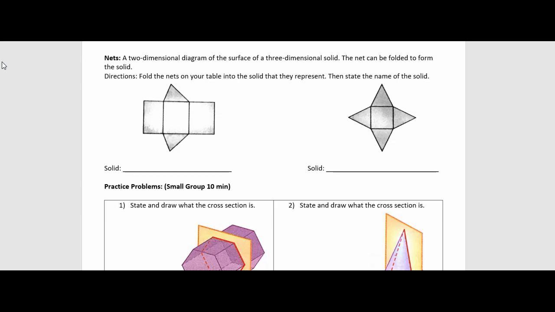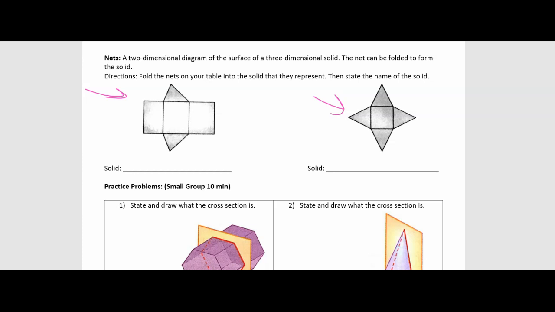If you peel off the sides of your solid and you lay it flat with all the different faces showing, what would it look like? And you're going to need to think about these both ways. I may give you a net. Again, these are both nets, and you may have to tell me what the solid is, if you build it back up into a solid.